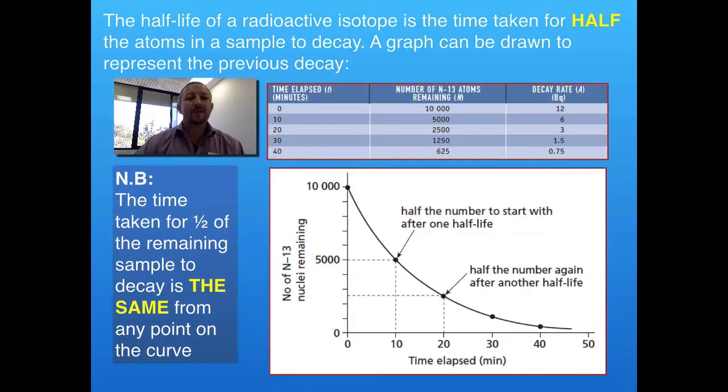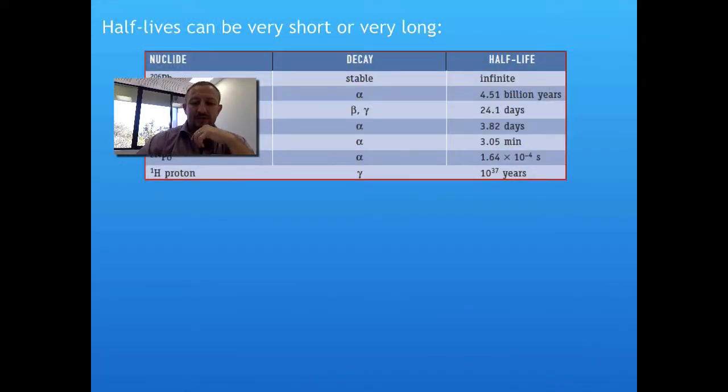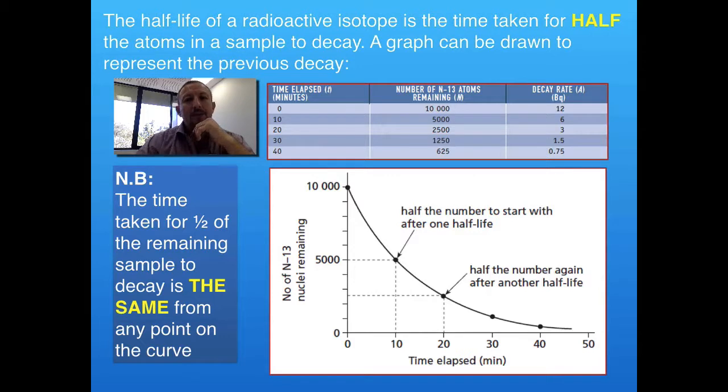Now obviously this half-life can be put onto a graph. If we know the time it takes for those disintegrations to occur, we can plot that onto a graph. You can see in the table there, we've got time elapsed in minutes, the number of N13 atoms remaining, and then the decay rate on the right hand side.